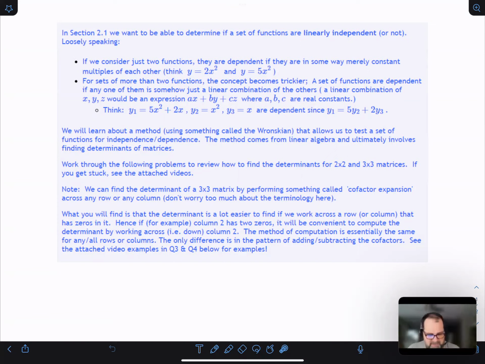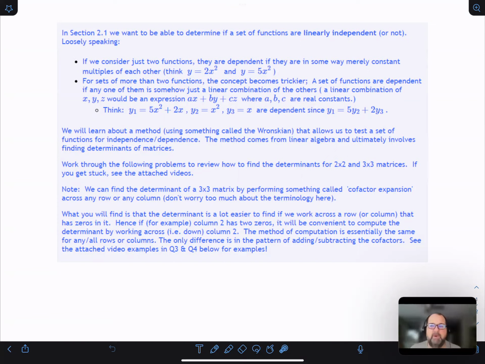So this is often fairly easy to do, especially if you only have a couple of functions. Linearly independent means, are they multiples or not? But for sets of more than 2 functions, it becomes a little trickier to decide whether a set of functions are linearly independent or not.